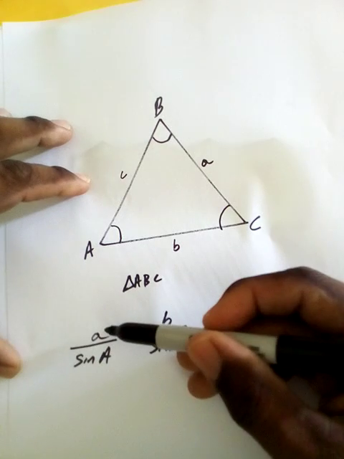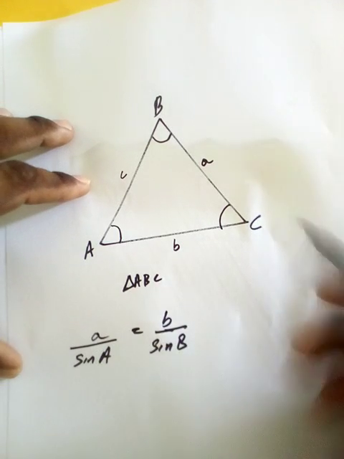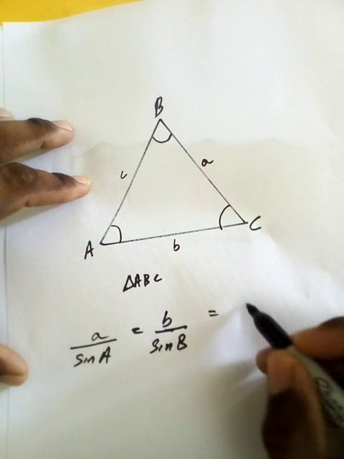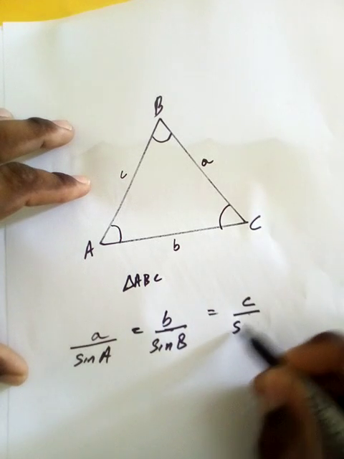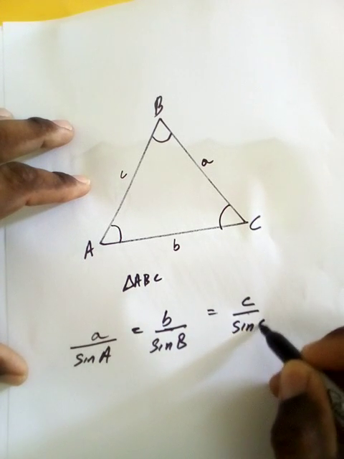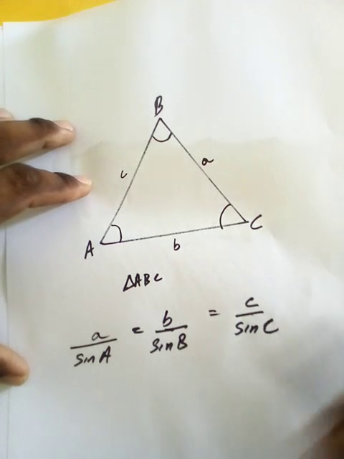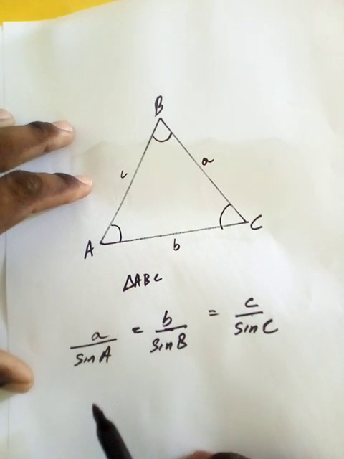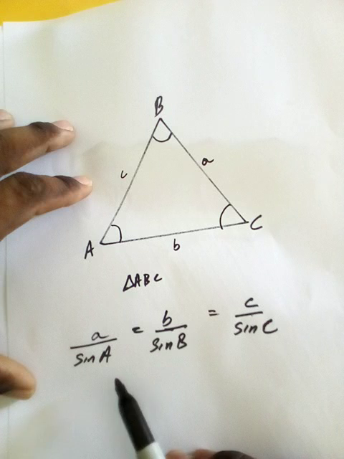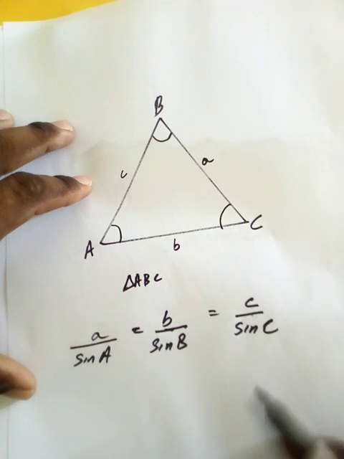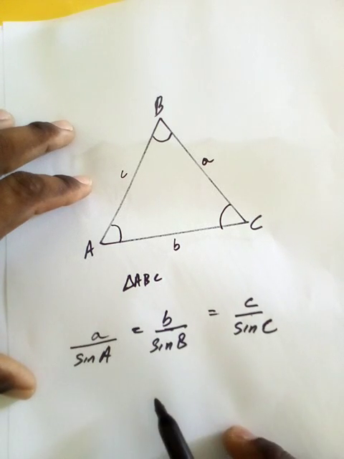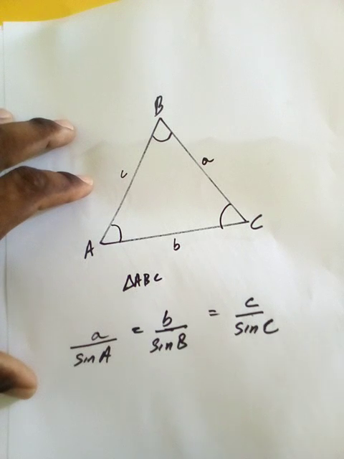So it's the side, common letter, over the sine of the angle, equal to side C over sine C. So a over sine A equals b over sine B equals c over sine C. These three ratios are considered to be the sine rule.